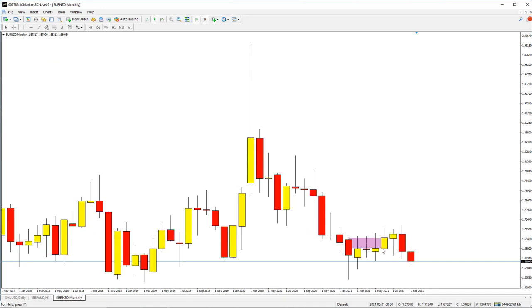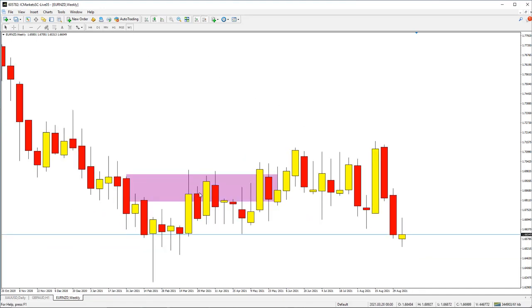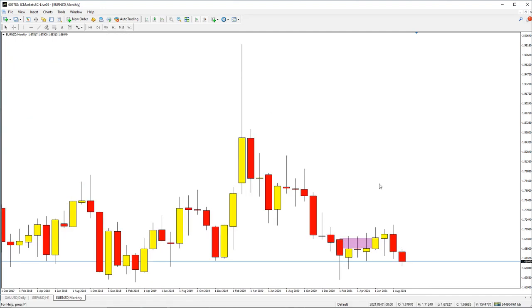I'm going to take until here. In the smaller time frame, it's the monthly. In the smaller time frame, you can see the candle. You can see the body of the candle. But in the weekly, you cannot see it, right?